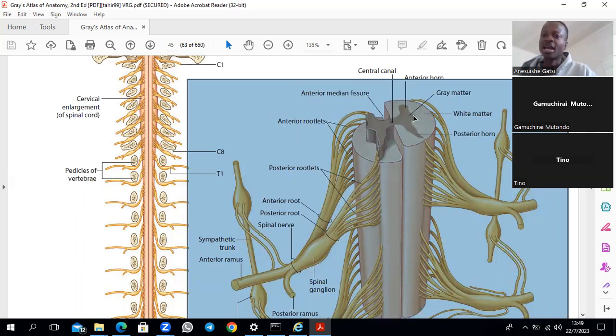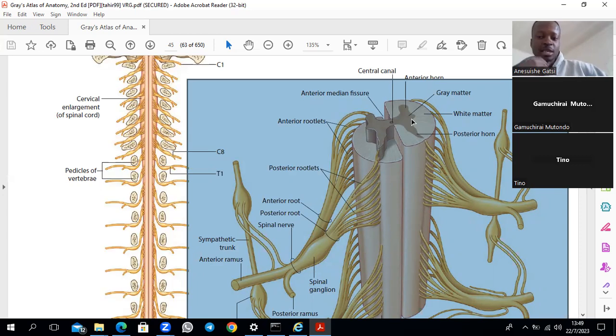This is where the spinal cord gives you sympathetic outflow. I'm sure you guys have done physiology of nerve and muscle, where you talk about the parasympathetic and the sympathetic nervous system. Sympathetic outflow is thoracolumbar, so the thoracic and L1, L2 segments of the spinal cord will have this additional lateral horn here.